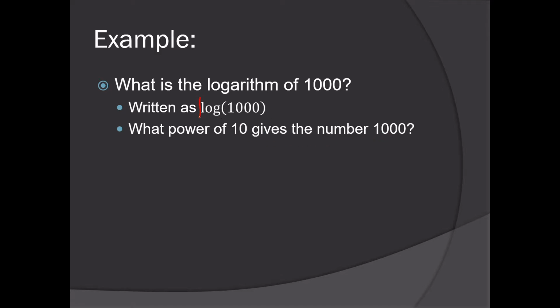So this logarithm here will give me a number. We'll call that x. And if I go 10 to the x, that will equal 1000. Okay. So here it's quite easy. It's like what power of 10 gives me 1000? Well, it'll be 3. So this will be 3.